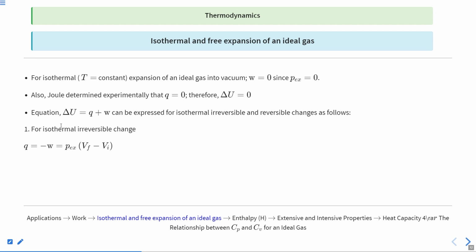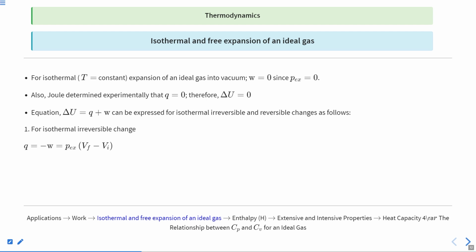Now a very important thing: work is a path function, and delta U is a state function, so it only depends upon the initial and final state. Therefore, whether we do the work by reversible process or by irreversible process, these are two types of path that can be taken.